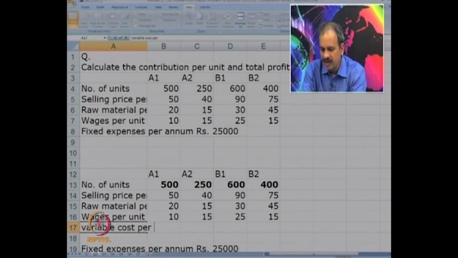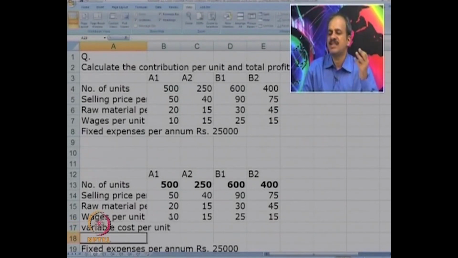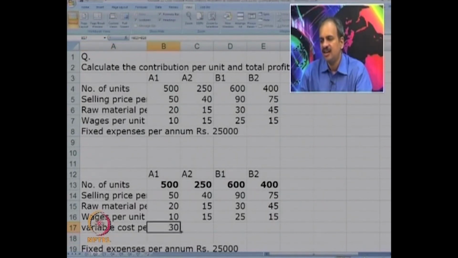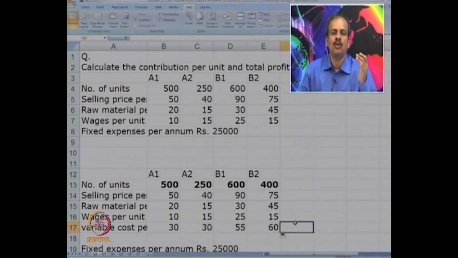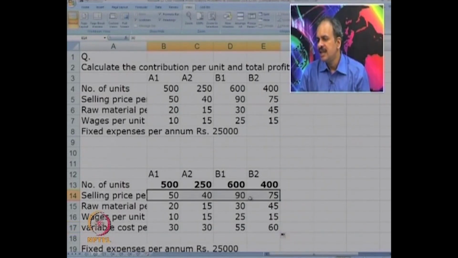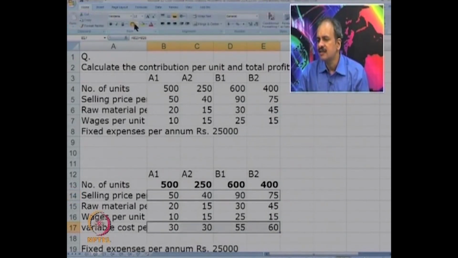Let us calculate variable cost per unit, which you know is raw material plus wages, that is 20 plus 10, 30 for product A1, same way for product A2, B1 and B2. Now we have a selling price here and variable costs.